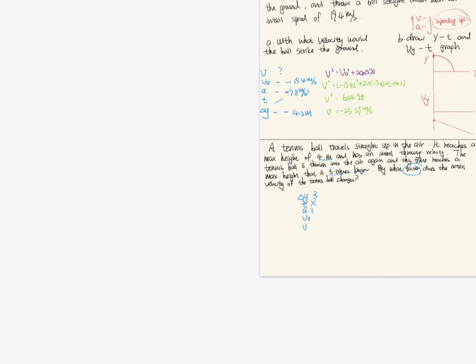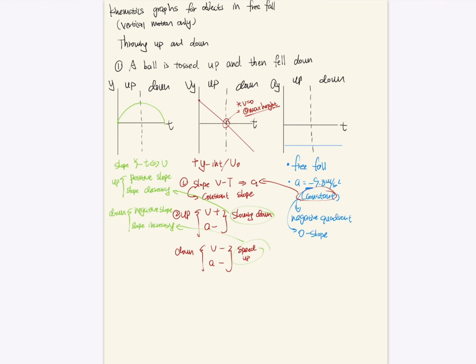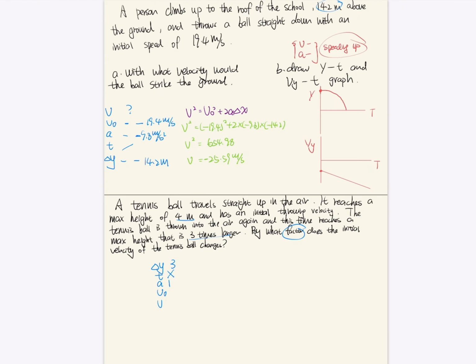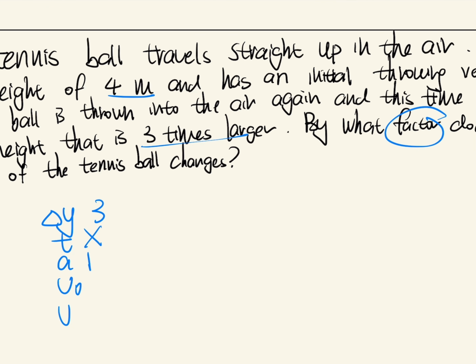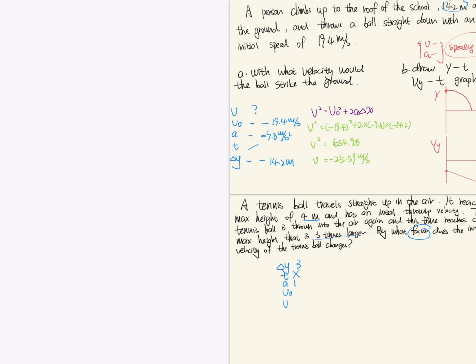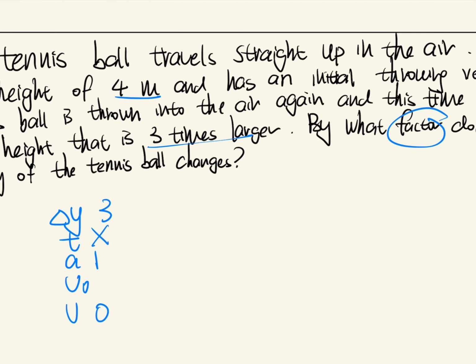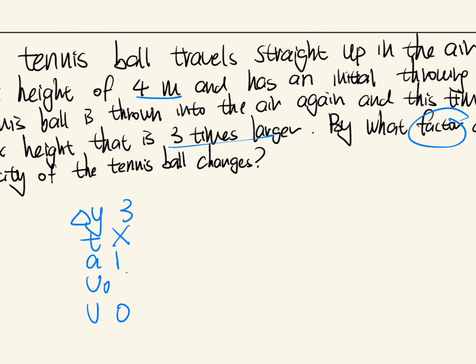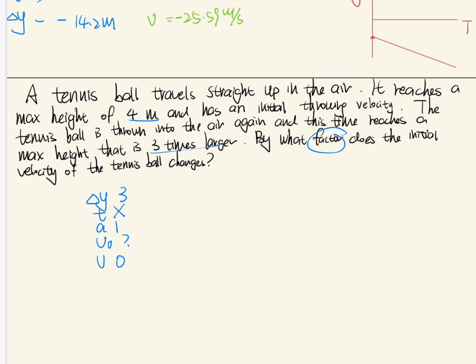V0, we learn from here. At max height, the final velocity is always 0. So it's just 0. And the initial velocity is what we are calculating. What factor does the initial velocity of the tennis ball change?